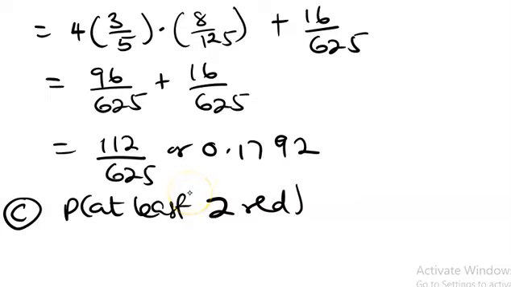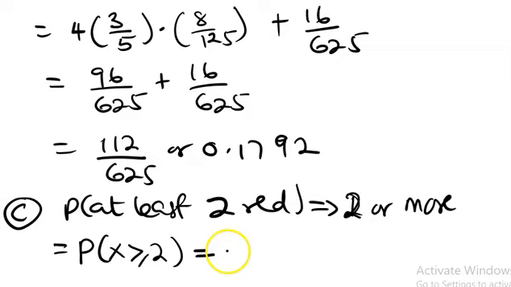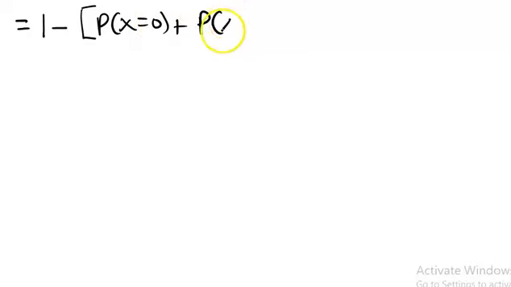So the last part, probability of at least 2 red. Okay, so the probability of at least 2 red implies 2 or more, which is the same as the probability that x is greater than or equal to 2. Now the probability of at least 2 red is equal to 1 minus the probability of x less than 2. This is the same as 1 minus the probability that x is equal to 0 plus the probability that x is equal to 1.